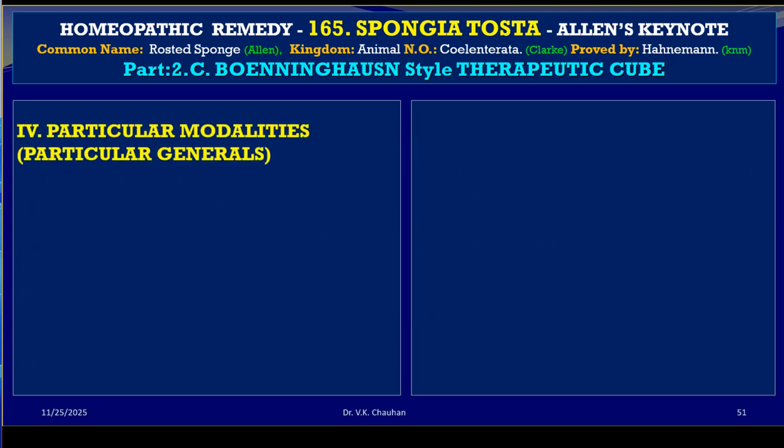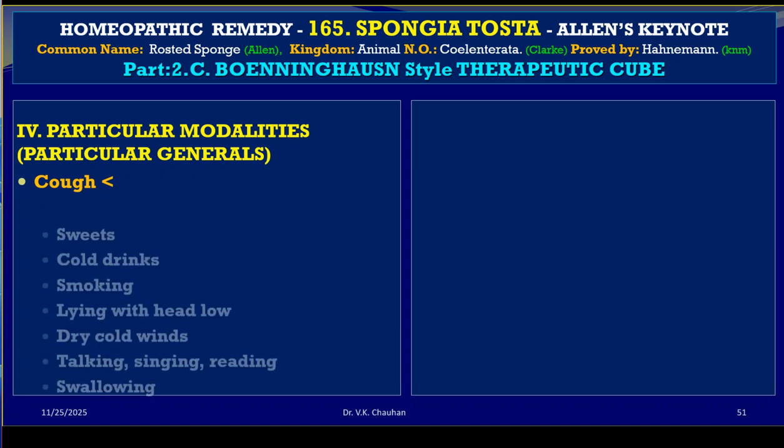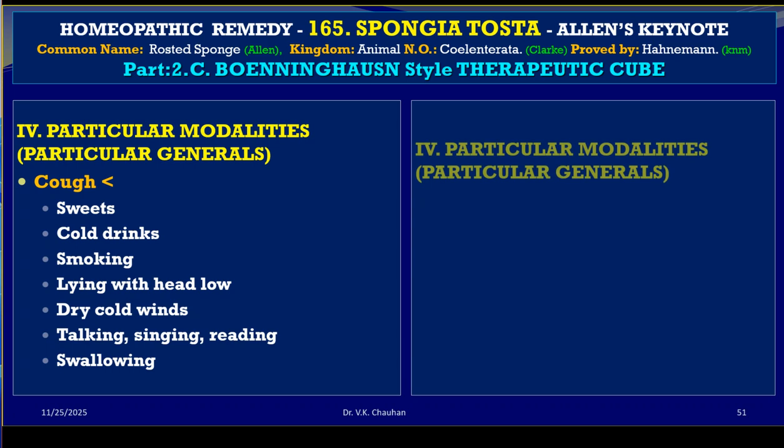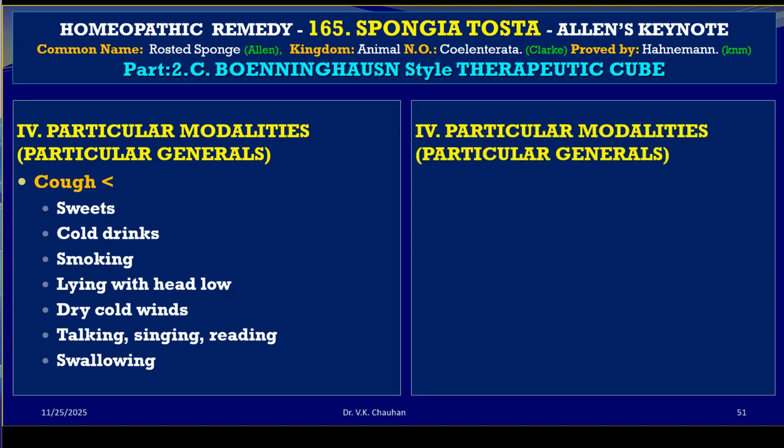Now let us go to the fourth part, the particular modalities, particular generals. And here we have the first thing which belongs to respiratory tract, that is cough, which is worse by sweet, cold drinks, smoking, lying with head low, dry cold wind, talking, singing, reading, swallowing. Again we go to the croup, and here it is worse inspiration, worse before midnight.